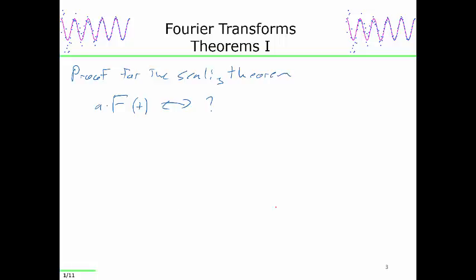So the question is, what is the Fourier transform of A times f of t? Well, that is going to be the integral from negative infinity to infinity of A times f of t times e to the minus i 2 pi f t dt.